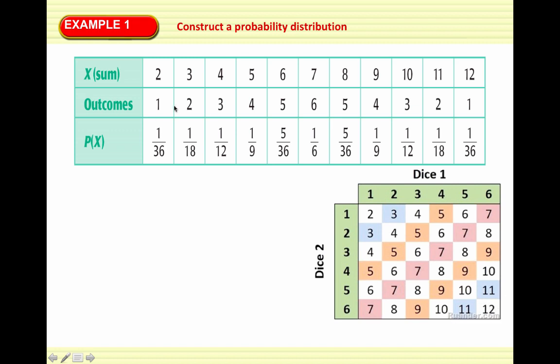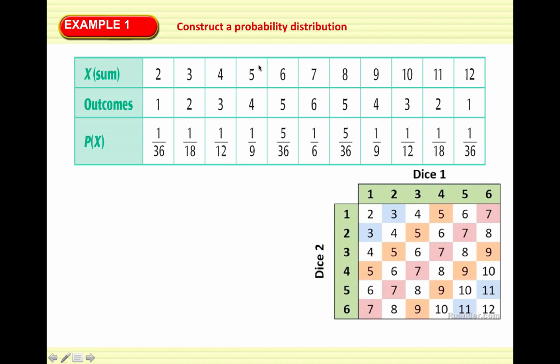So now we're going to take each of those numbers of outcomes and divide by 36 to get the probability of getting that value for x. So the probability that x is 2 is 1 out of 36. The probability x is 3 is 2 out of 36, which reduces to 1 out of 18. The probability of 4 is 3 out of 36, which reduces to 1/12.